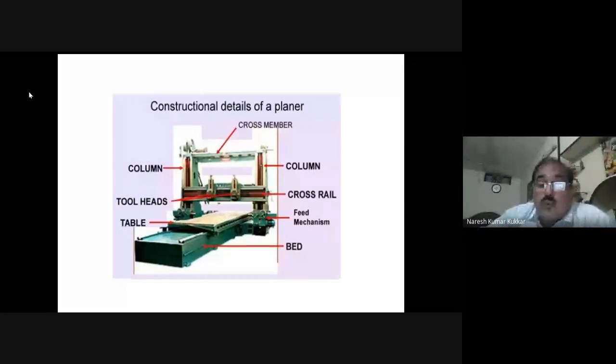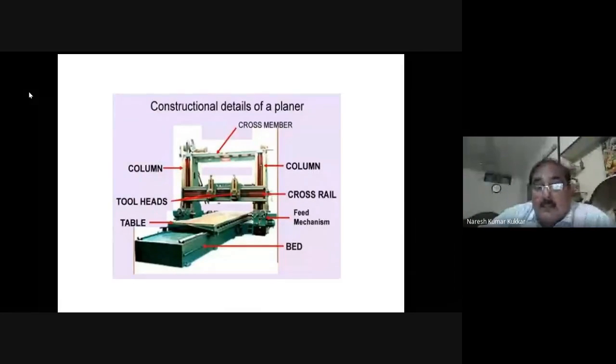The table moves on the basic bed, which is longer. Planers are used where your workpiece is huge. When the workpiece size is bigger, then planers are used, and the whole machinery is moving to create a single piece.